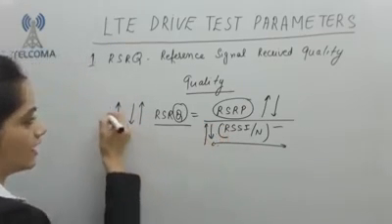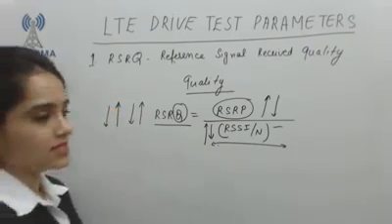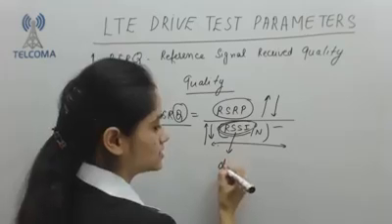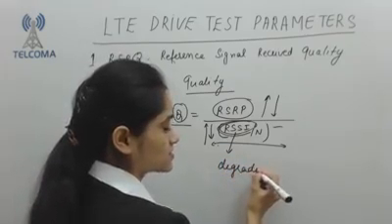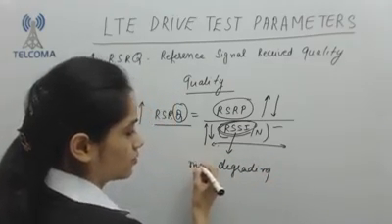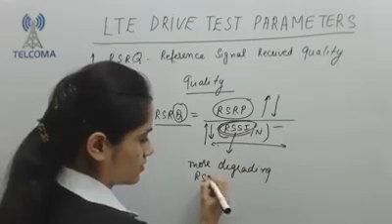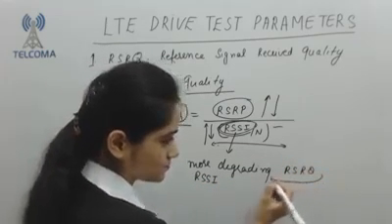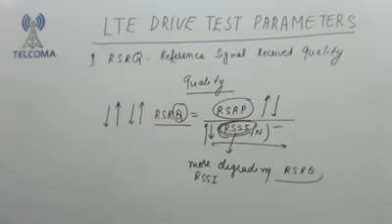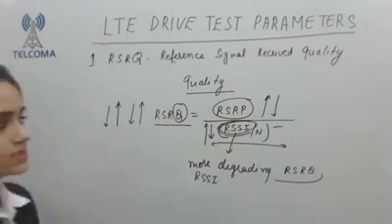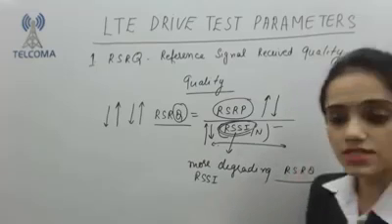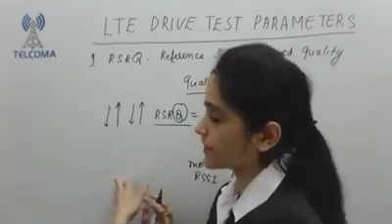That means RSSI is a parameter which is degrading. More RSSI is degrading RSRQ. So reference signal received quality tells us the quality of the signal I am receiving.